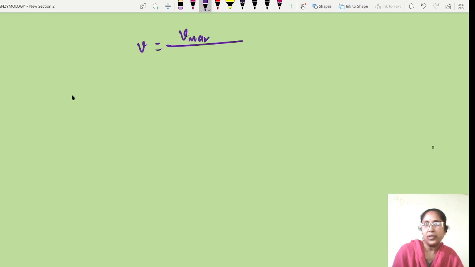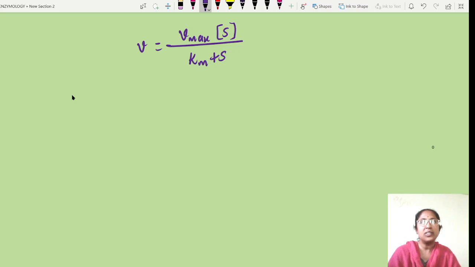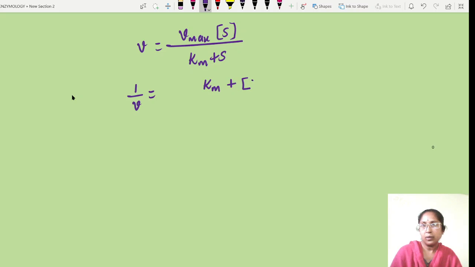According to the MM equation, V is equal to Vmax into S by Km plus S. If we take the reciprocal of both the LHS and the RHS, we are going to have 1 over V is equal to Km plus S by Vmax into S.